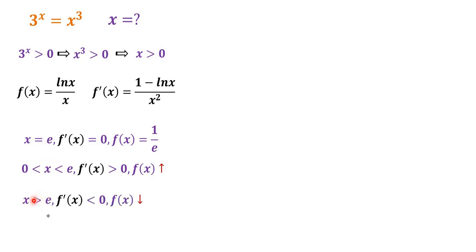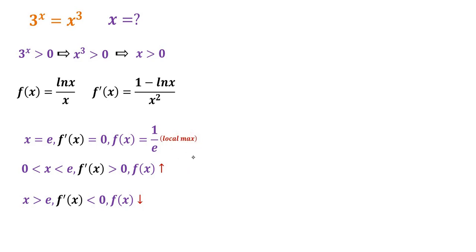When x is greater than e, the derivative of f(x) is negative. f(x) decreases in this range. So we got an idea of the graph of this function. That is, when x is equal to e, f(x) is equal to 1 over e, a local maximum value.